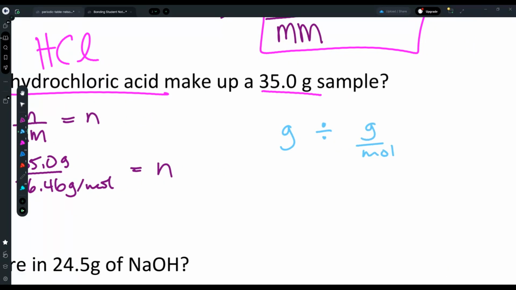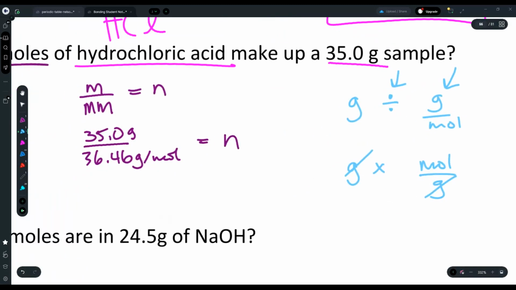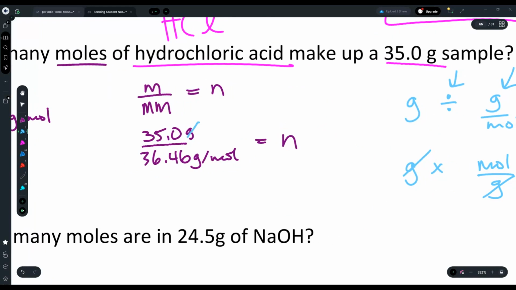How do we deal with dividing by fractions? We flip the divide sign into a multiply sign, and then flip the fraction that comes after it. So grams times moles per gram. Grams is on the top and the bottom, so they cancel out. You're left with moles.